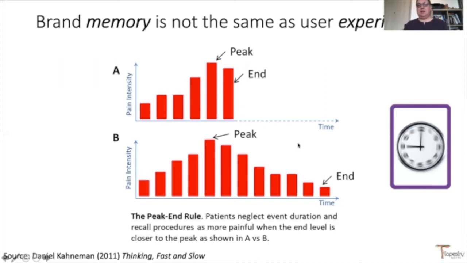But what they take away and remember is pretty dependent on this peak, the most intense experience, and then how they feel at the end. Their perception of time is not very good. So we don't remember how long something lasts. We do remember how we felt when it was at its best or worst, and how we felt at the end.